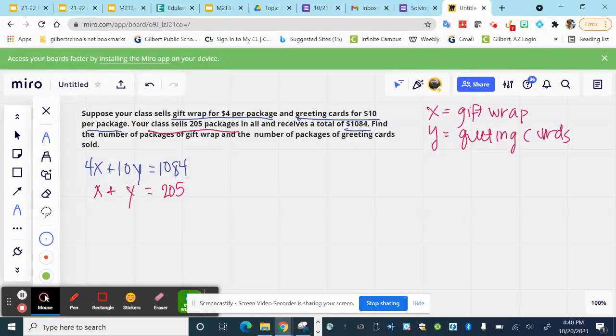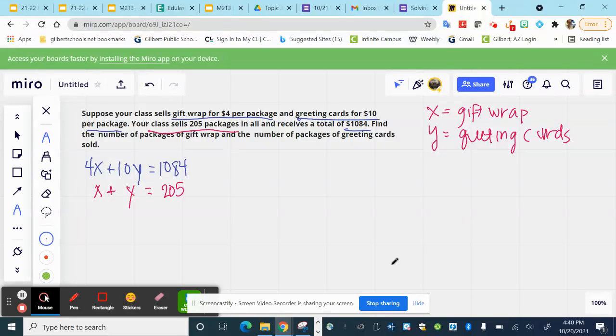So what you have to look at is your x's and your y's, and see which of those is easiest to eliminate. You might have to multiply one or both of the equations. Sometimes you don't have to, but in this case, we cannot add those together and cancel it out. So we're going to have to multiply one of them.